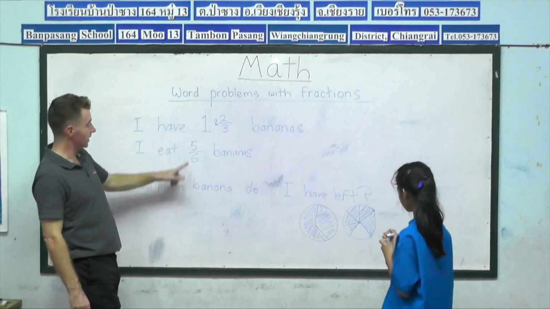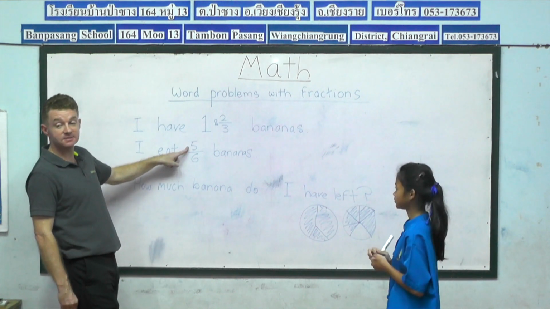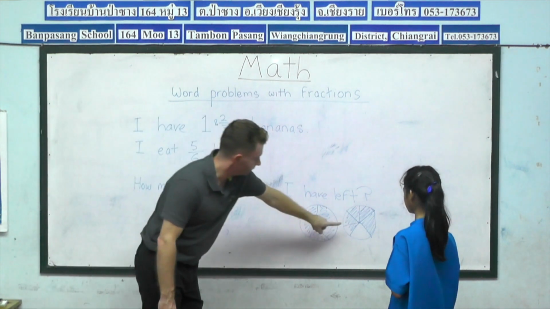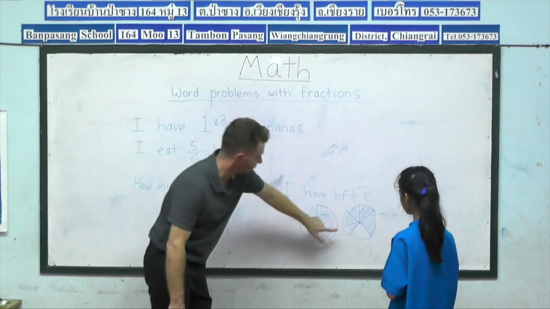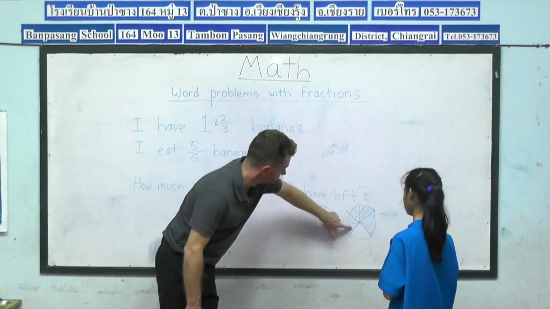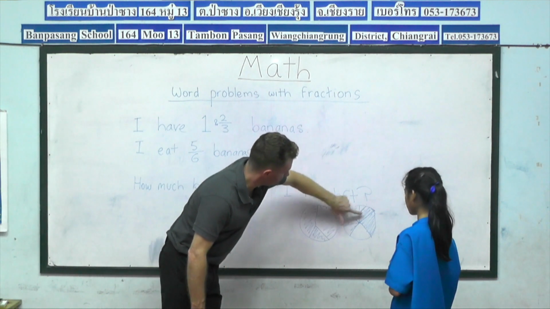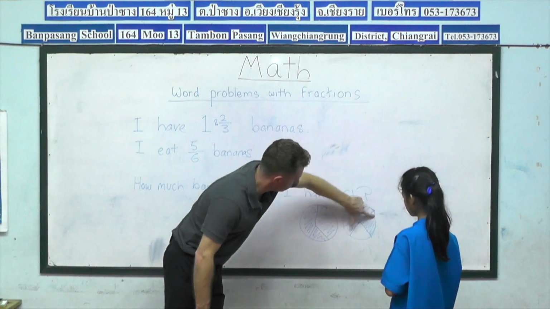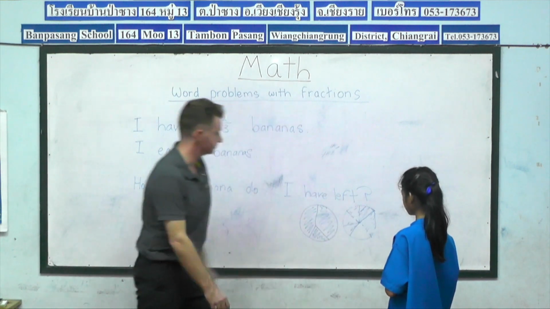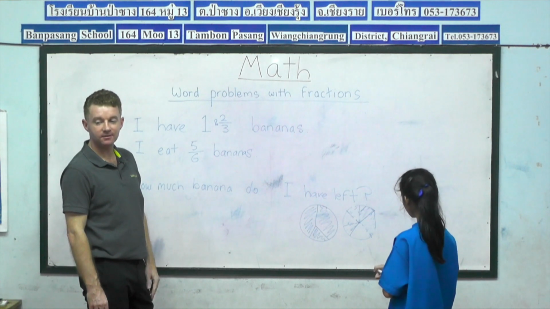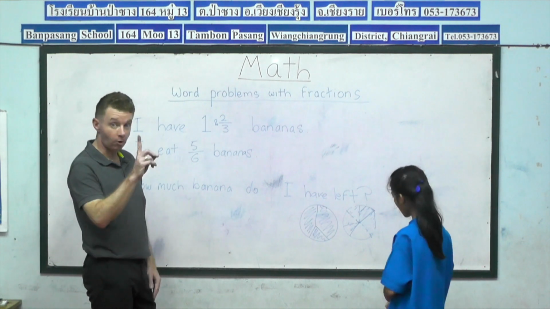Well done. And how many parts of 6 does Down eat? 5. Okay. 1. We can rub out. 2. 3. 4. 5. So how many parts are left in this fraction circle? 1.